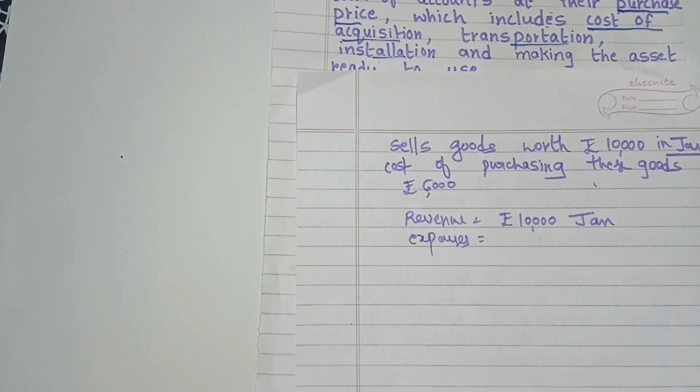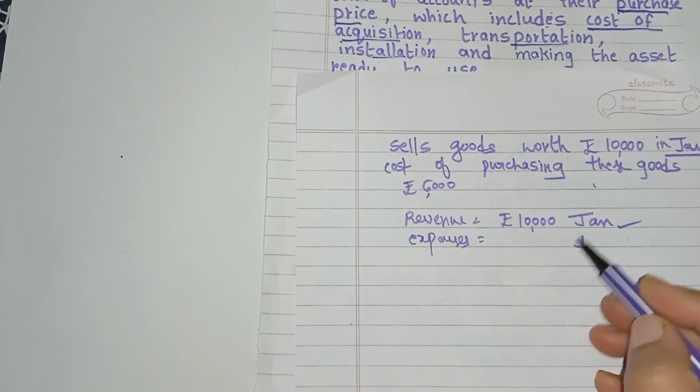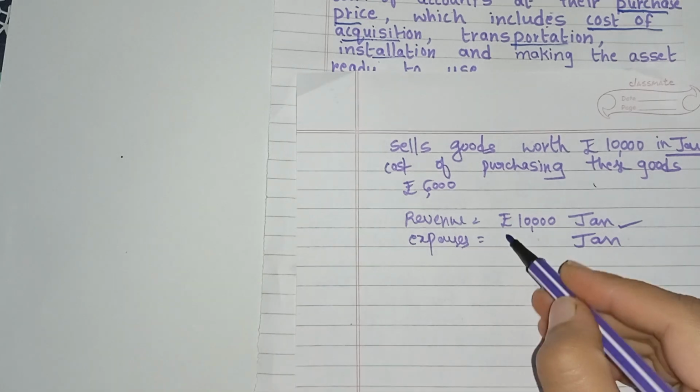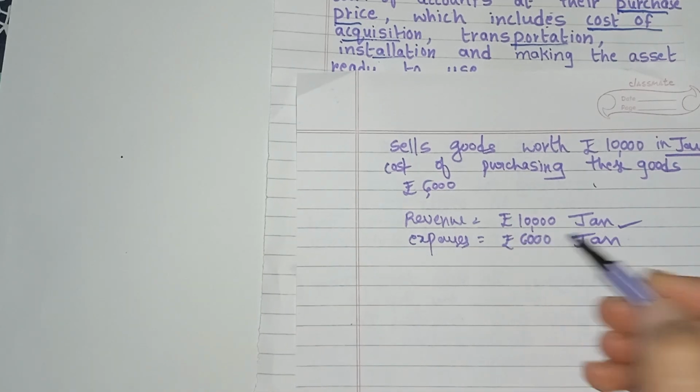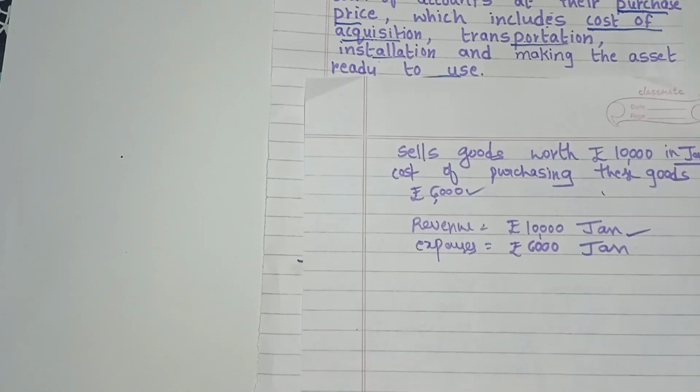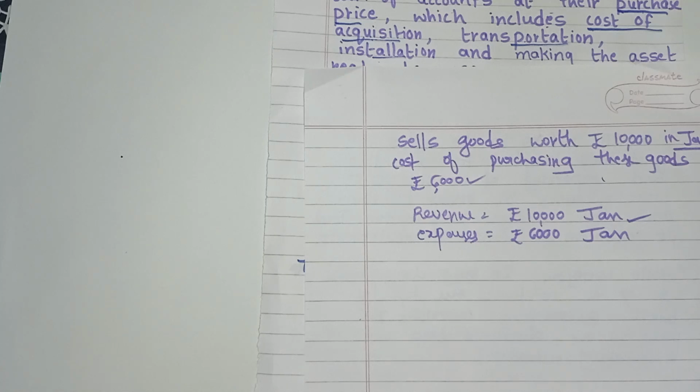The cost of the goods sold is also recorded in January only. Why? Because it directly relates to the revenue generated in the same period, that is rupees 6,000 in the same period, January. They sold goods of rupees 10,000 in January, and the cost of purchasing these goods, rupees 6,000, is also in January.